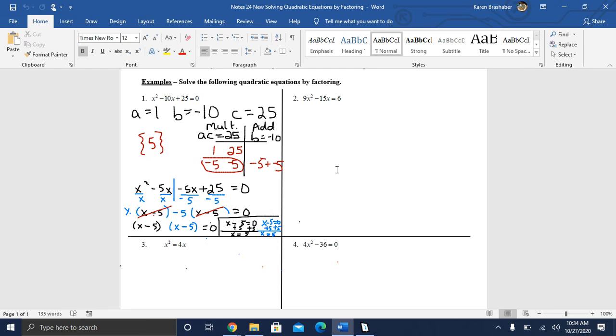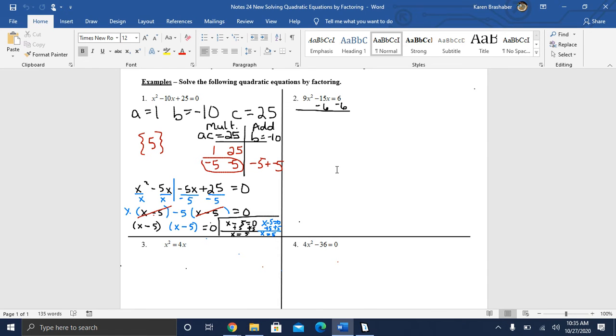On question number 2, the equation is not already equal to 0. So we have to move the 6 to the other side. I'll do that by subtracting 6 on both sides of the equal sign. Now, as you do this, don't mistake that for being something where you add the negative 15 and the negative 6 together.